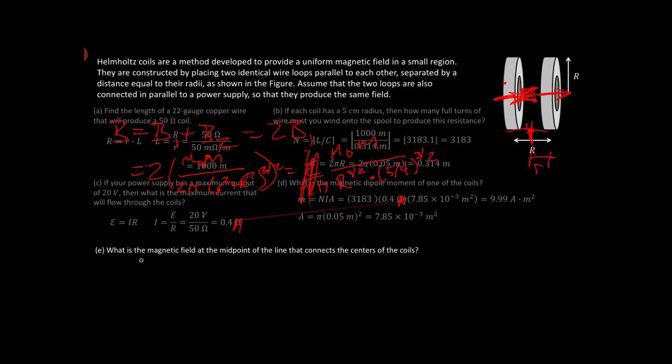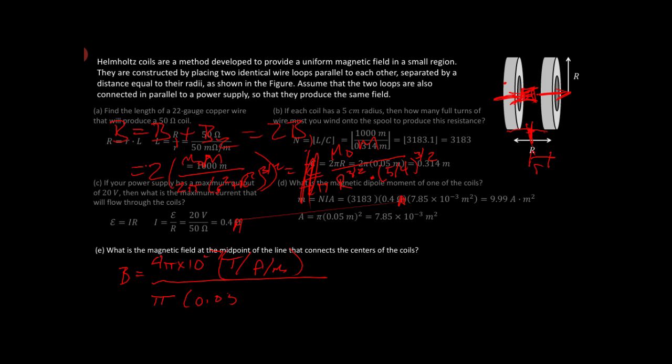So we have B equals mu naught, which is 4 pi times 10 to the minus 7 Tesla per amps per meter, over pi times r to the 3/2.